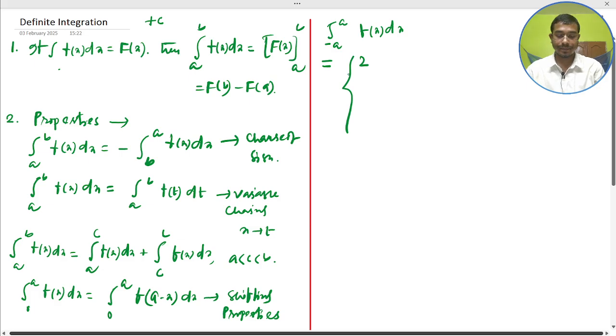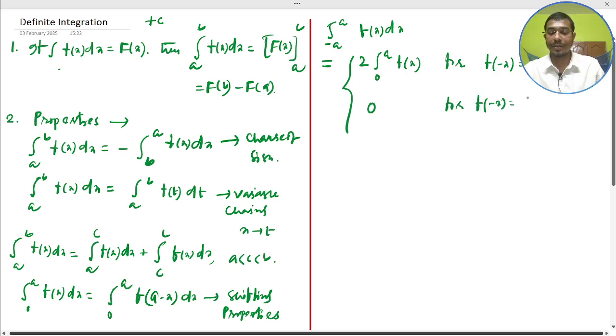First case, for an even function, this should be 2 times the integral from 0 to a of f(x) dx, for f(minus x) equal to f(x), that belongs to 2n even. And 0 for f(minus x) equal to minus f(x), that is the odd function, belongs to 2n plus 1.